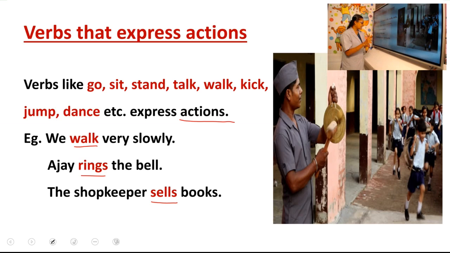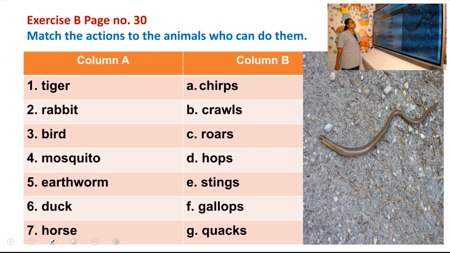Is it clear? Yes. Now take your textbook and take page number 30. There you have an exercise there. We can do that. Okay? There, match the actions to the animals who can do them.